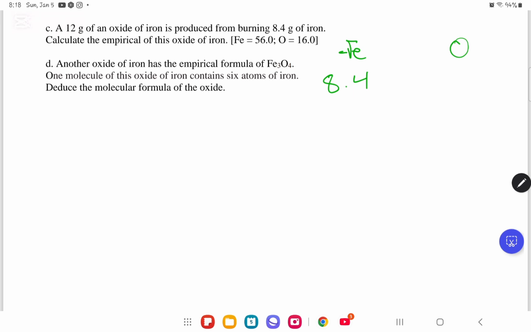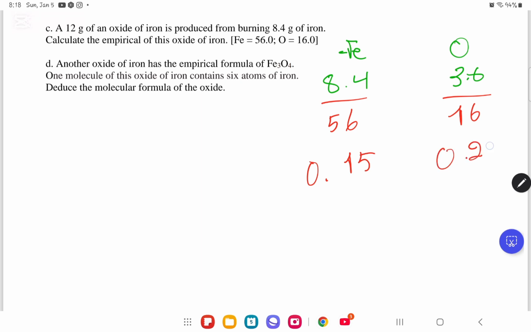That leaves us with the mass of oxygen being burned, which is the total mass, 12 minus 8.4, so 3.6. Now we divide them by their molar masses. So it's going to be 8.4 divided by 56 and then 3.6 divided by 16. We are going to get 0.15 and 0.225.